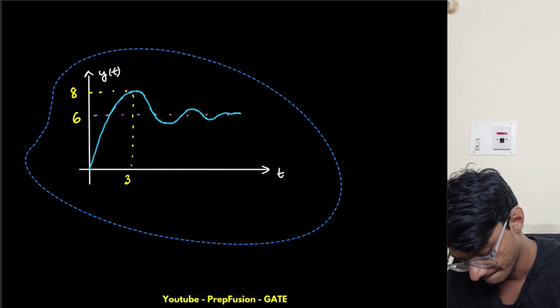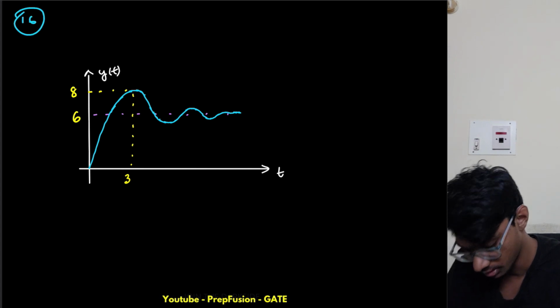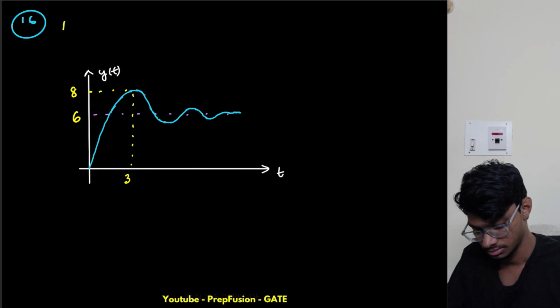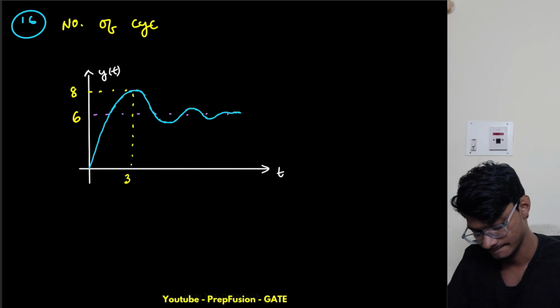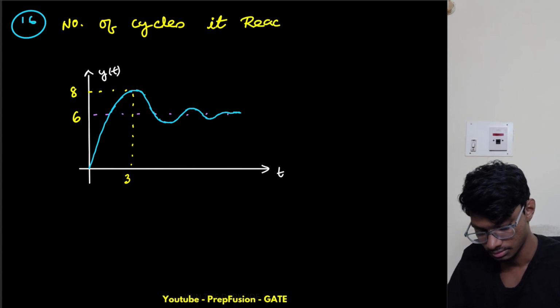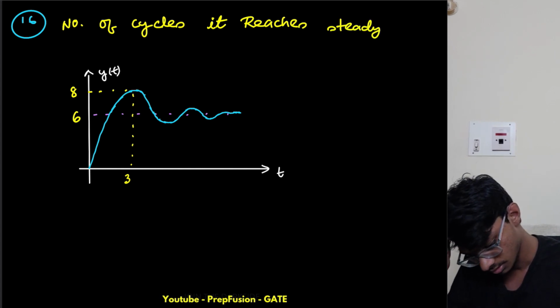So this is 16 one, and the number of cycles until it reaches steady state.